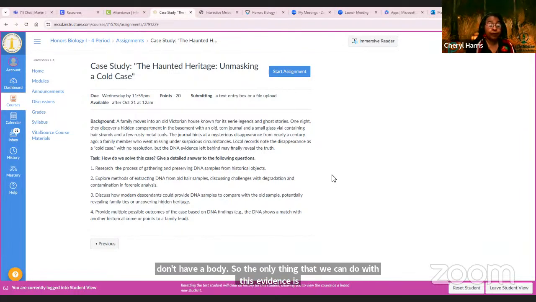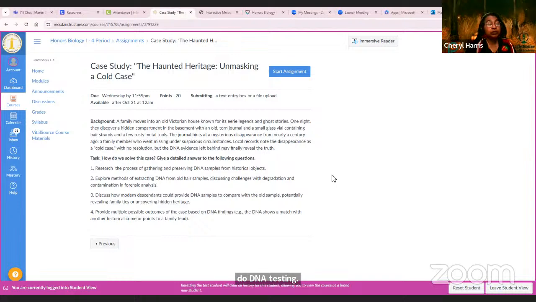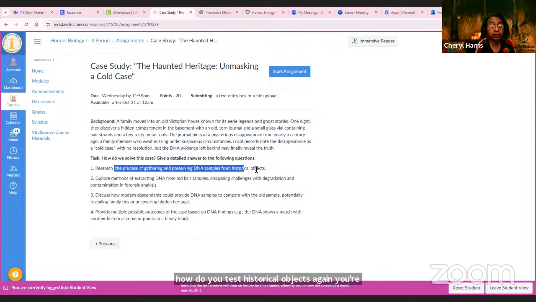Okay. So you are researching, how do you test historical objects? Again, how do you gather? There's a process. It is a delicate way to gather this information. How do we retrieve and preserve this information before we start testing it?